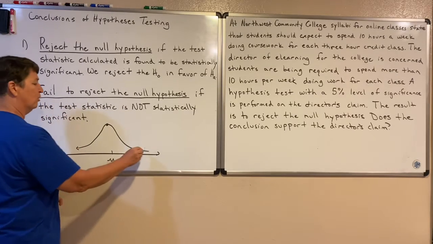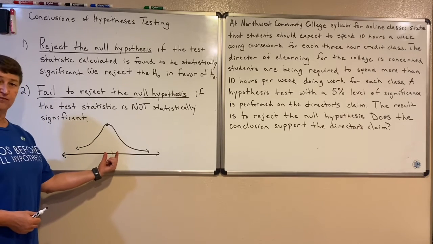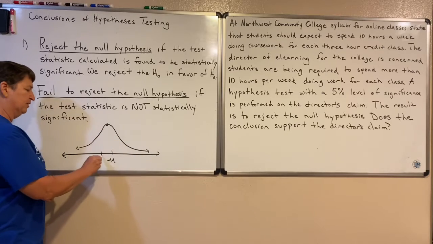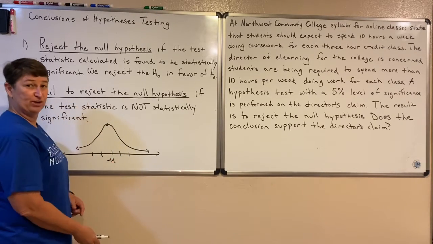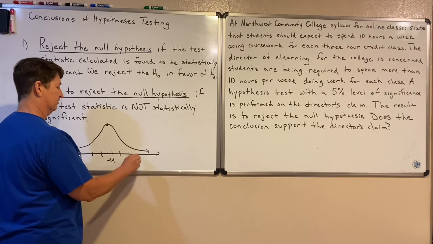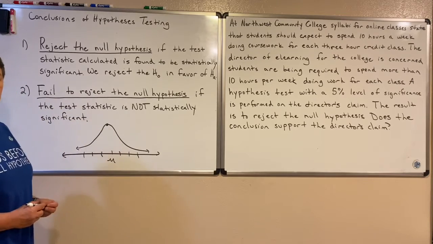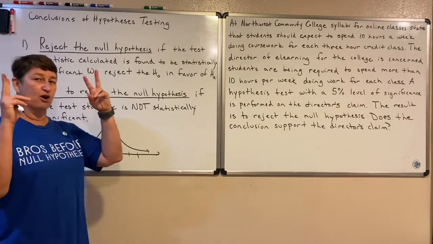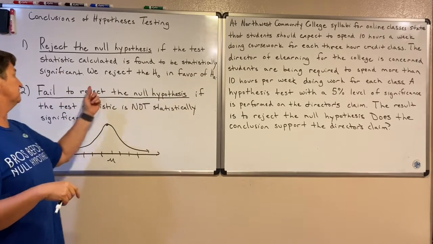And we know that if it's in a normal curve, within one standard deviation from the mean, it's going to fall there 68% of the time. If it's within two standard deviations from the mean, it's going to fall there 95% of the time. And then within three standard deviations is 99.7% of the time. So we decide how far out is far enough for it to be statistically significant.